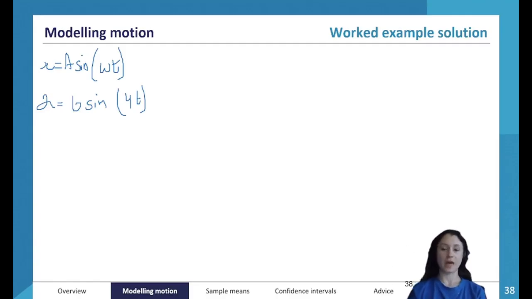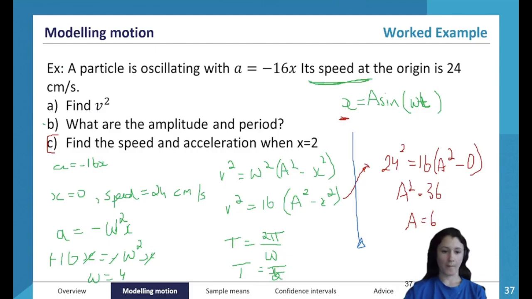And then from there, once we've found that time, we can put that into our formula, or actually no, sorry, we don't even need to. We can actually just put it straight in. Perfect. So we don't even have to do that. We can just use x equals 2 and put it into our formulas here.